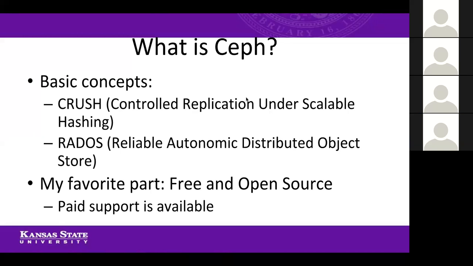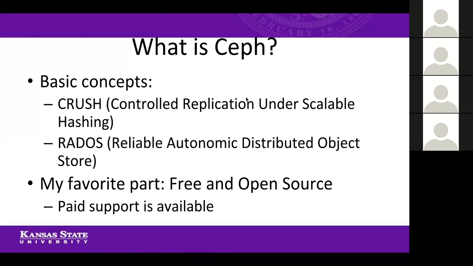You don't have hot spots and cold spots, and then allows you to access them and find objects from the host using those calculations, so that you don't have a single metadata server that every client has to pull for the object locations.